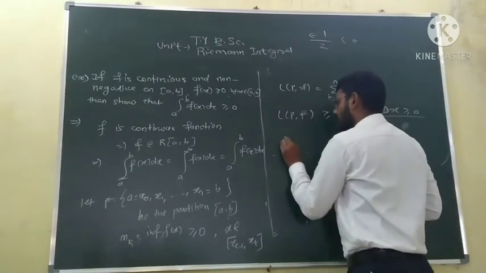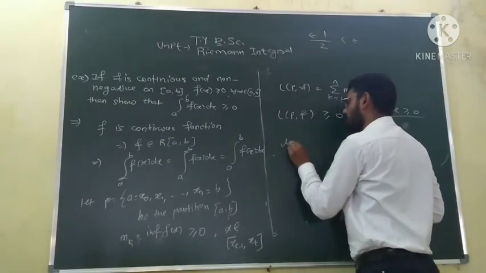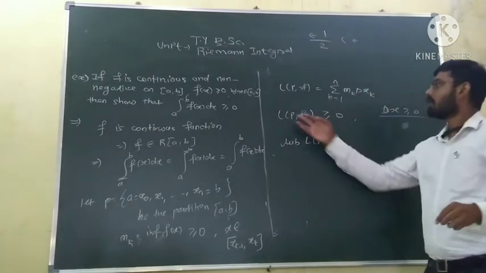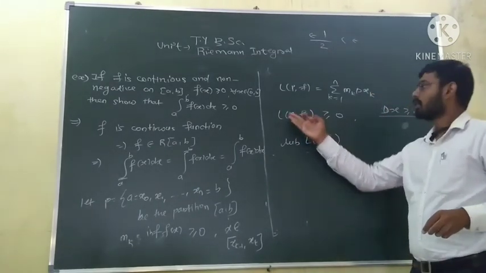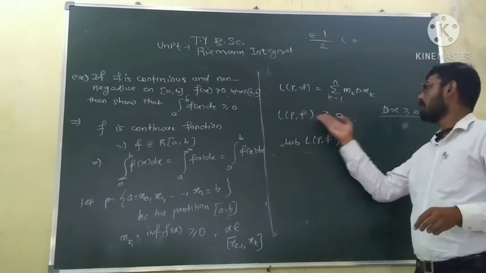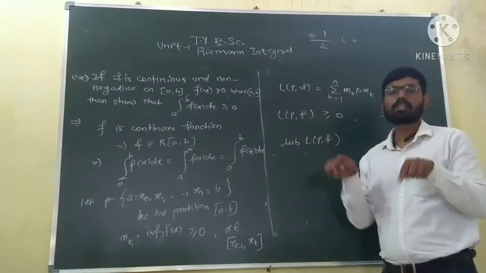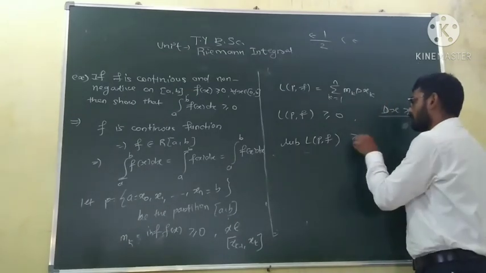So the least upper bound of L(P, f): since for any partition of this function the lower sum is always greater than or equal to 0, the least upper bound of the set of all lower sums is also greater than or equal to 0.